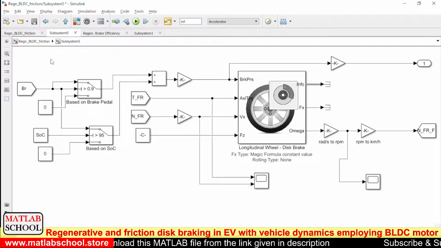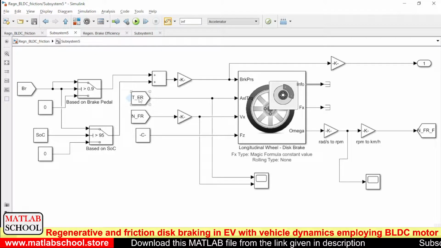The reason is when the SOC is greater than 95, the battery cannot accept further energy from the motor side during regenerative braking. So for that reason, to have effective braking, we are using the combination of regenerative braking and friction braking.